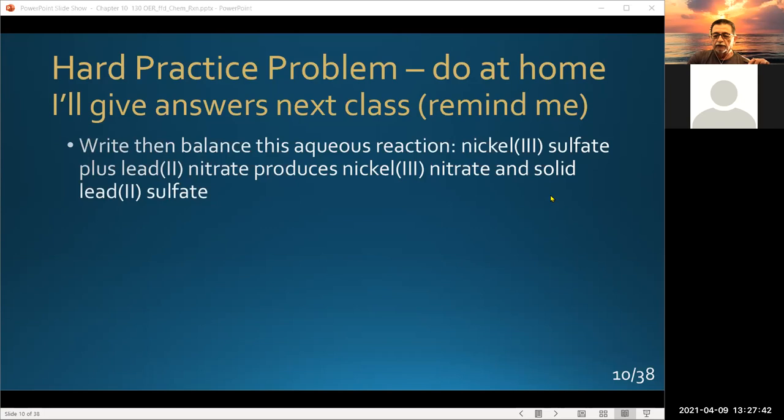So anyway, my suggestion, before you write anything down, is to first write them in ions so you know how much of each you're going to put together. So let's take the first one, okay? The first one, nickel 3 sulfate. Well, remember that the Roman numeral 3 is telling us the oxidation state of the metal.